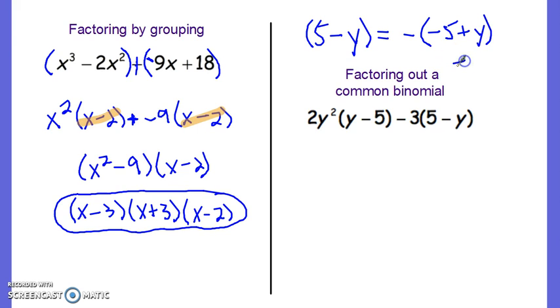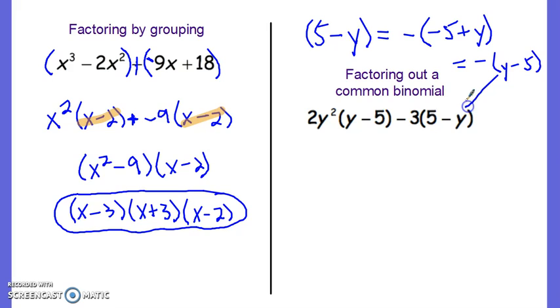With a little bit of work then, remember addition we can change the order of, so positive y can be written first, and negative 5 essentially means minus 5. And now y minus 5 matches up with the y minus 5 earlier.